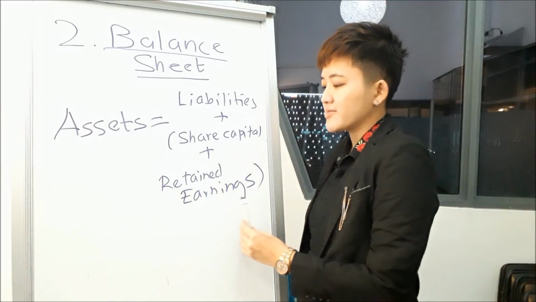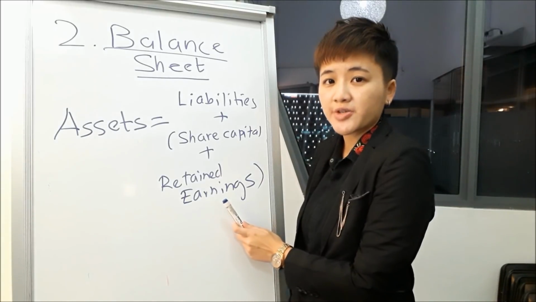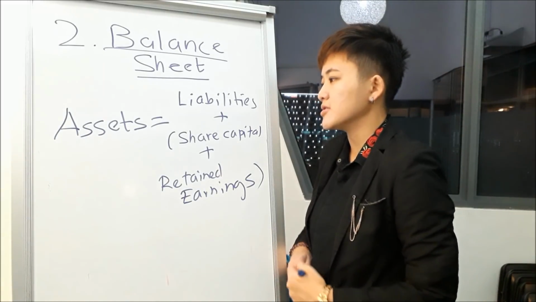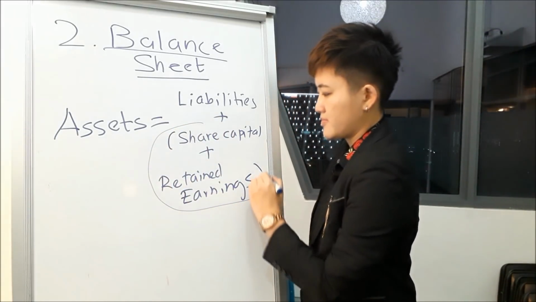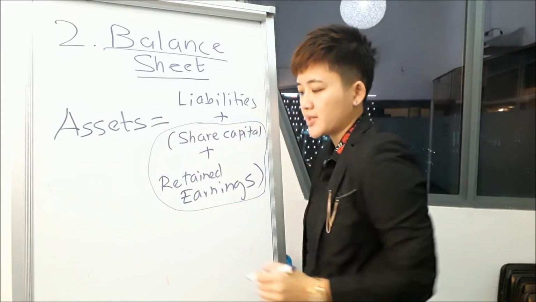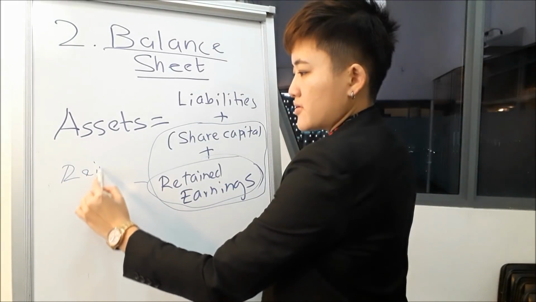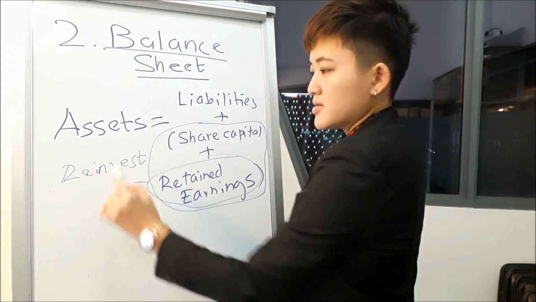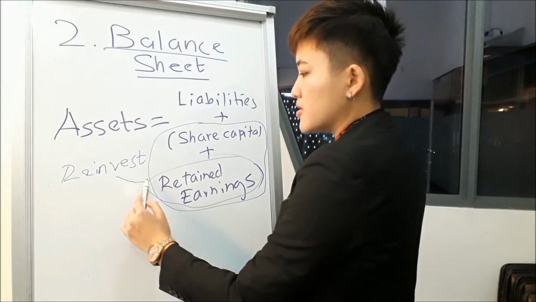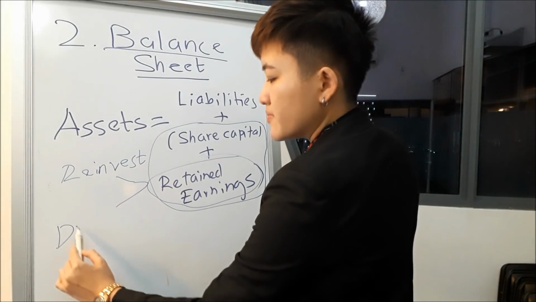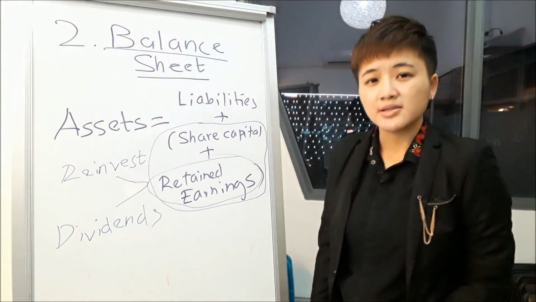So if you look at this retained earnings, this is what a lot of investors and shareholders focus on, because after all, this is your shareholders' equity. Companies can determine whether they want to reinvest this retained earnings to further grow the company, or pay it to their shareholders in the form of dividends.